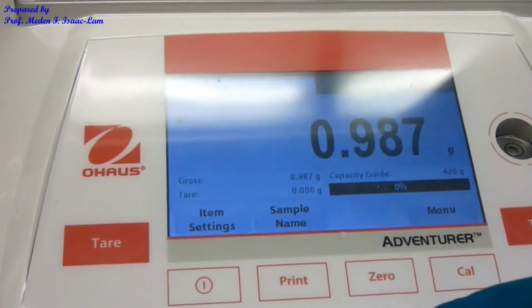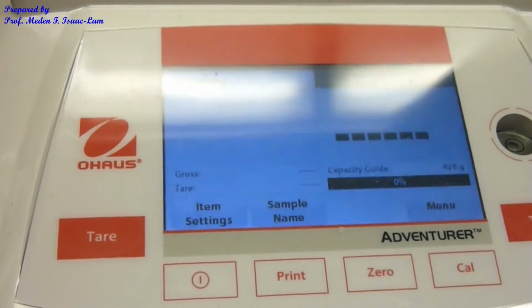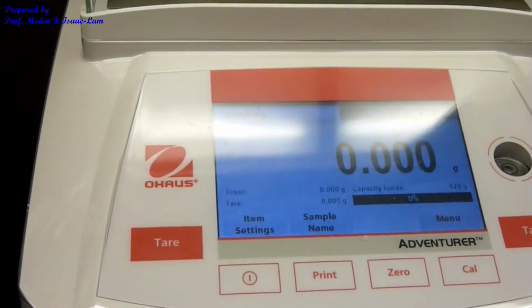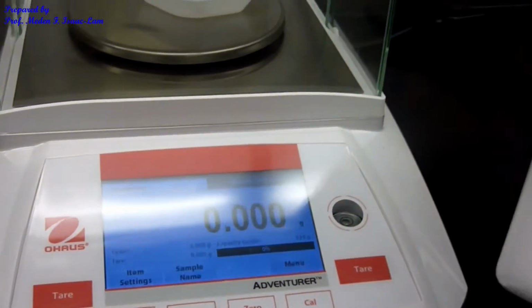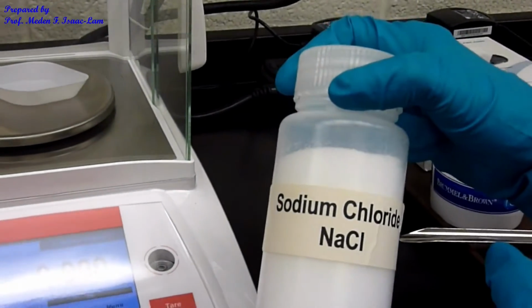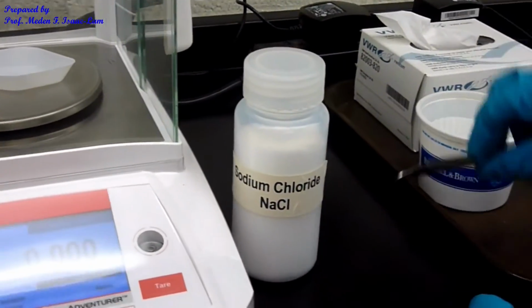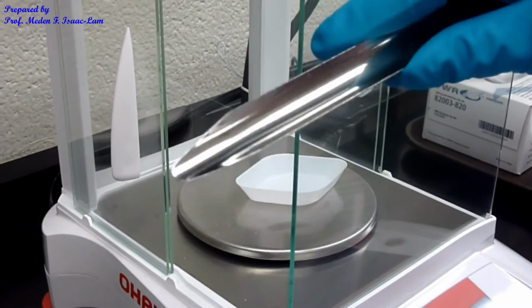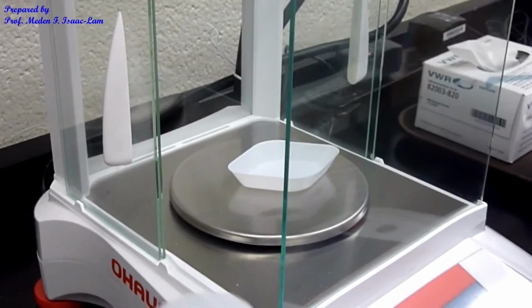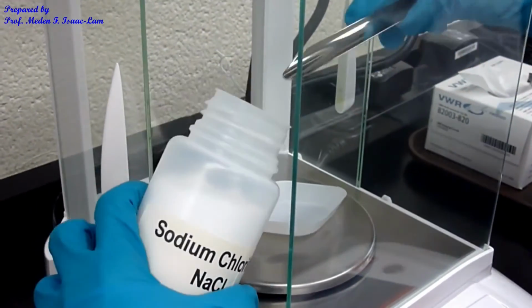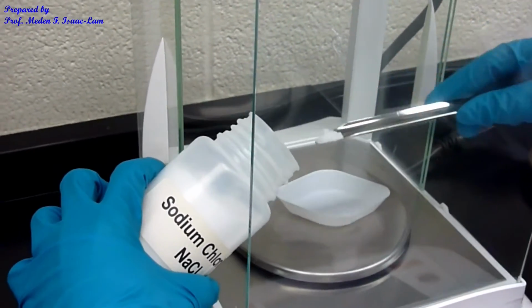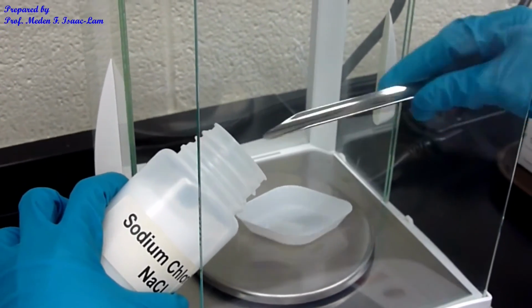And then I'm going to weigh the salt, but I will zero this again by pressing 0. So the weight of the boat is now zeroed, and I'm going to put 5.844 grams of the NaCl using a spatula like this. I will put 5.844 grams of the salt, and I'm looking at the weight.